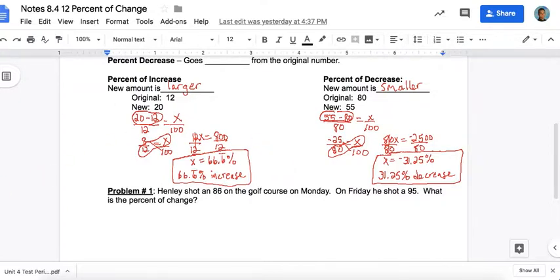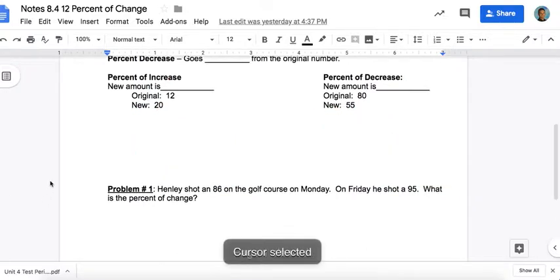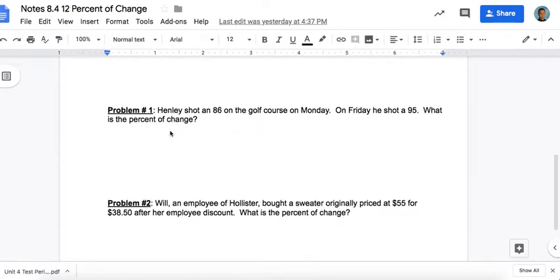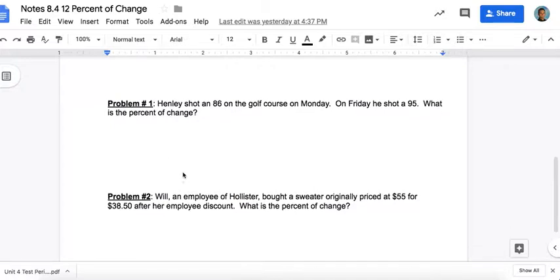Okay, let's look at problem number 1. And we're dealing with a golf course here. But oftentimes, percent of change, you'll see a lot in the stock market. So you'll see a positive gain or a negative gain because the stock market fluctuates all the time.